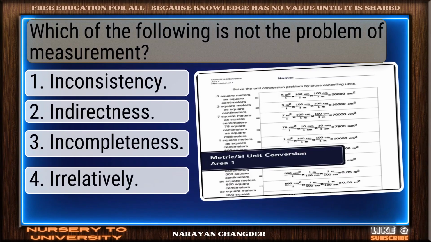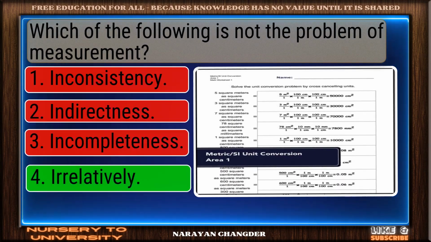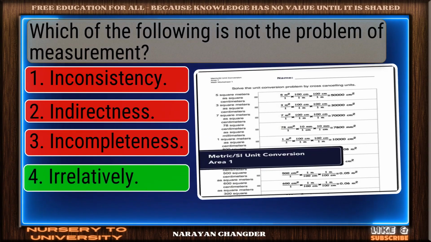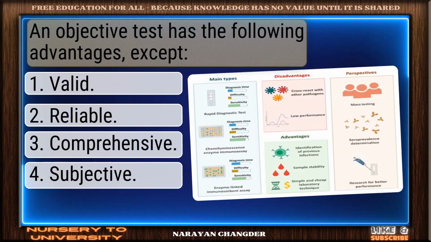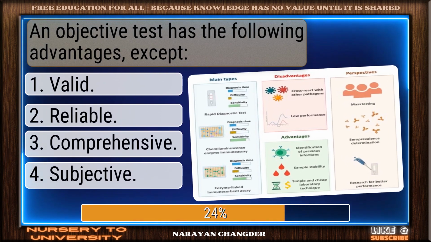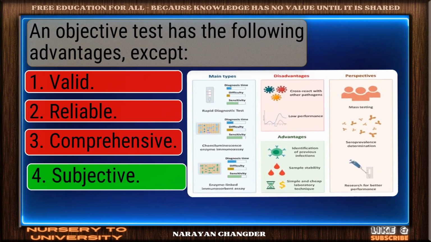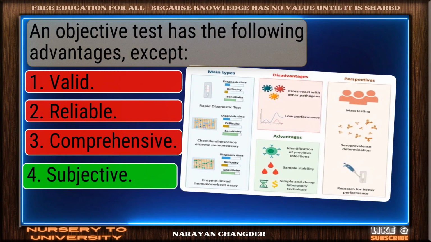Which of the following is not the problem of measurement? Well reasoned. Irrelatively is the correct choice. An objective test has the following advantages, except. Strong choice. Subjective is the right answer.